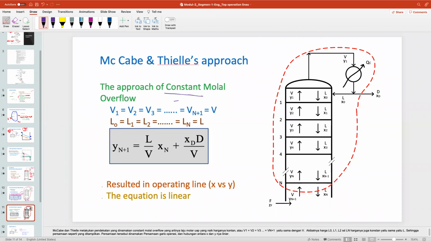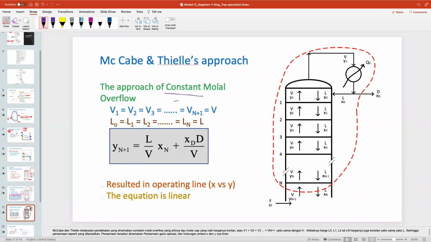So we assume that V1, V2, V3, and so on are actually just V, because there is no drawing off and no input coming in, so we call it constant.